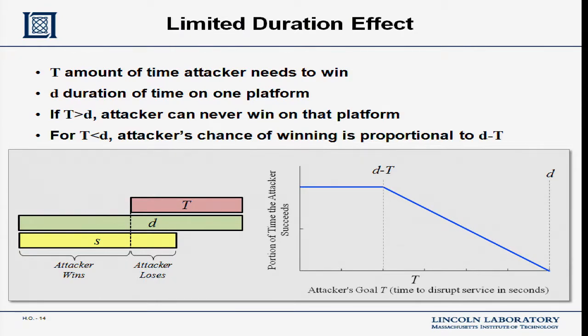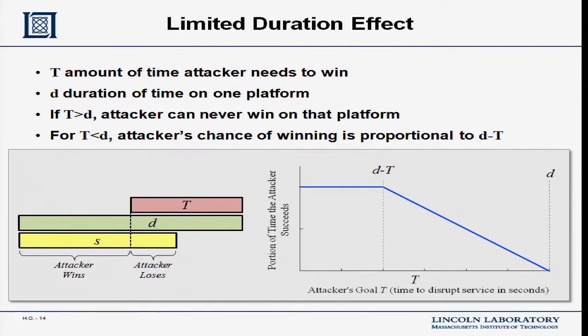If the attacker needs t seconds in order to compromise the system, and the platform duration, the amount of time we are spending on one platform, is d, if the attacker starts late, they never have enough time to compromise the system for t seconds. So by definition, they lose if they start late during that duration.